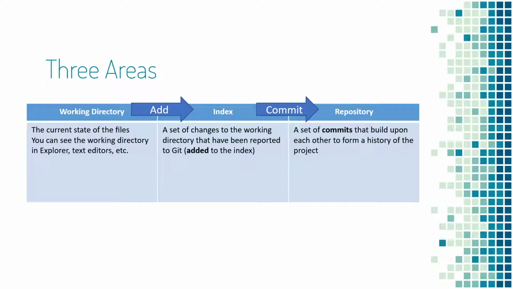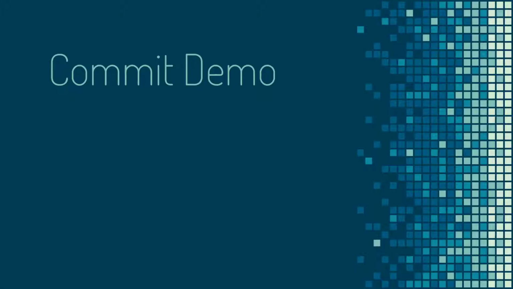Whatever you didn't add is either not tracked or saved for later. But either way, whatever changes you do add go into the index, which is the set of changes that you've reported to Git. Once you report all the changes you want for a single bug fix or feature, you package all those changes into a package called a commit. And then multiple commits will build upon each other to create a repository. So that all makes sense.